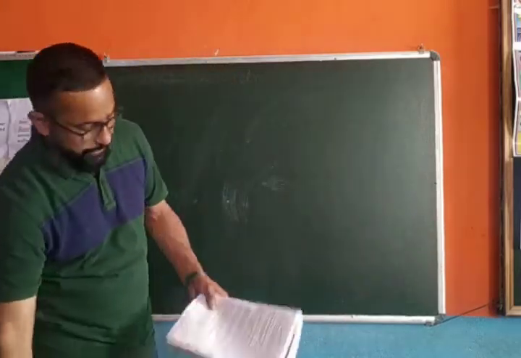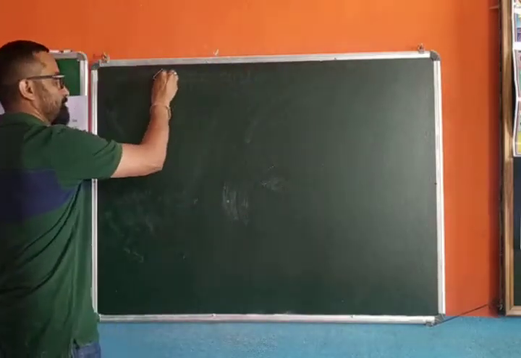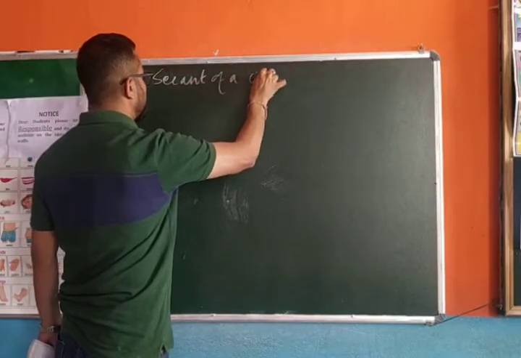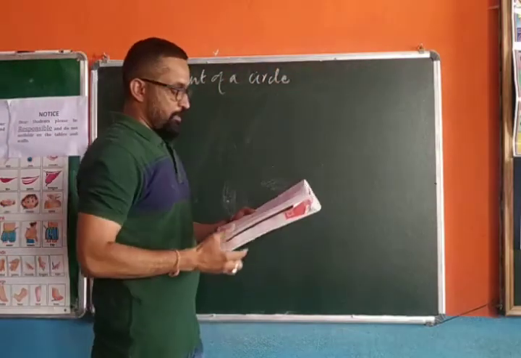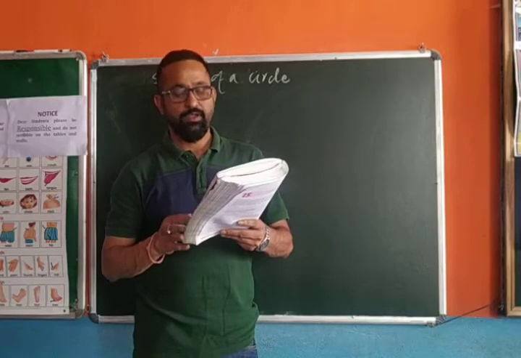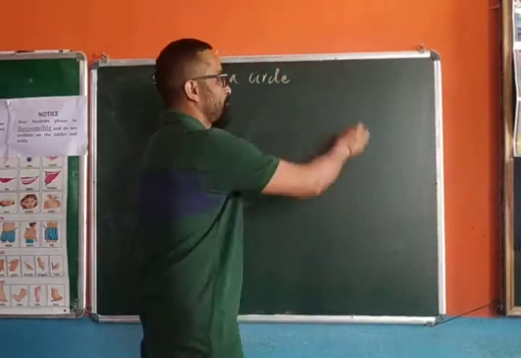The next definition is secant of a circle. A line which meets a circle in 2 points is called a secant of the circle.